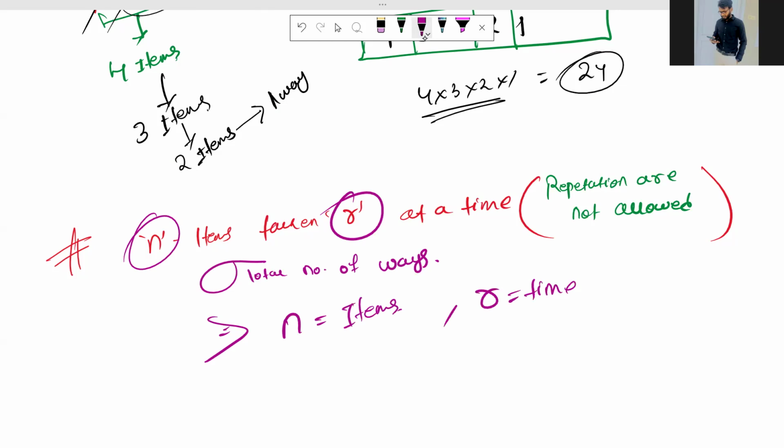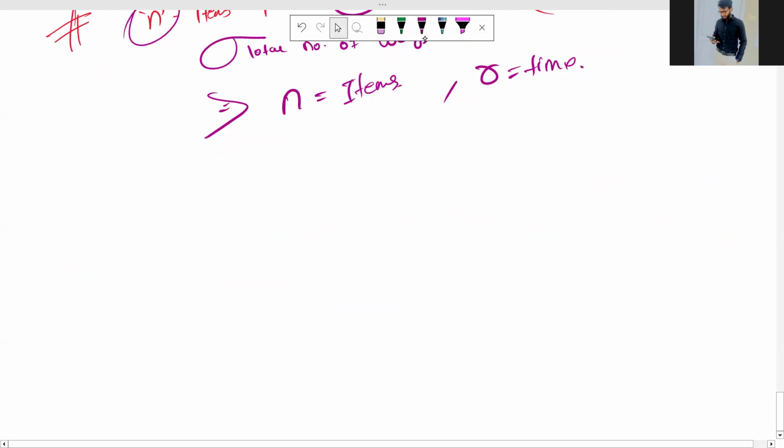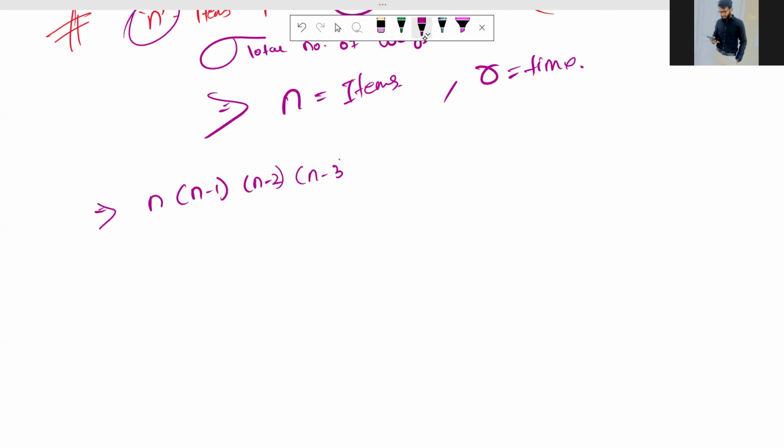So right now, what I will do is, I can say that n will be multiplied by n minus 1, n minus 2, likewise n minus 3, so the terms continue up to r terms. Indirectly, this part we can say is nPr. Okay, nPr.